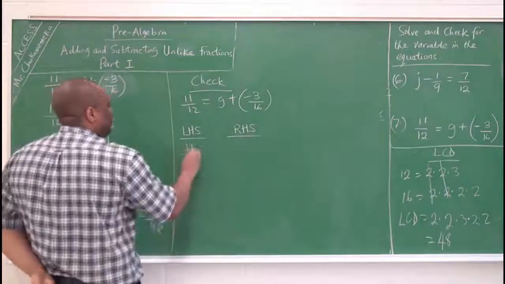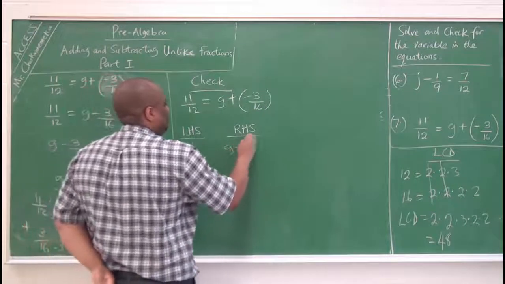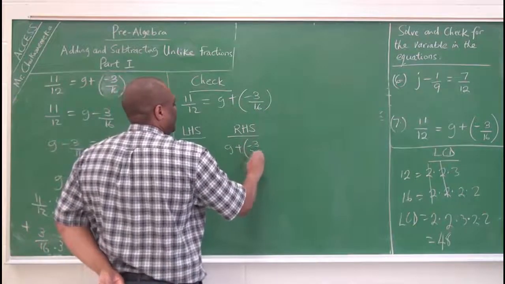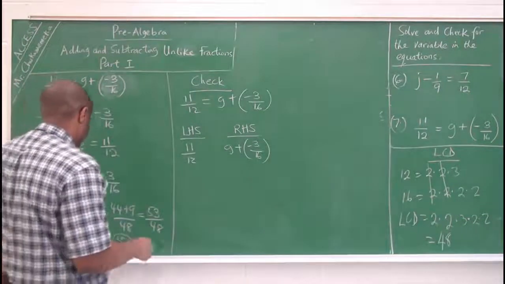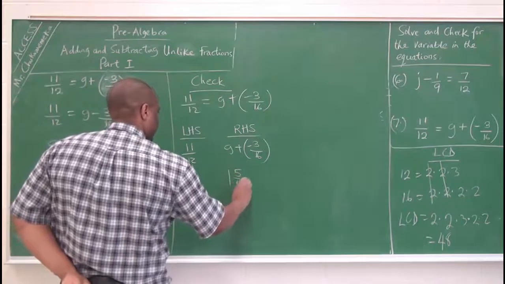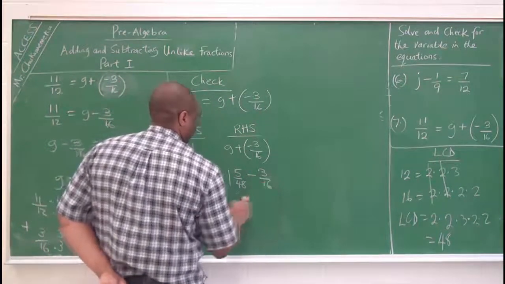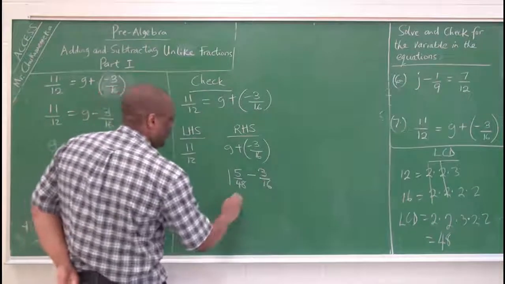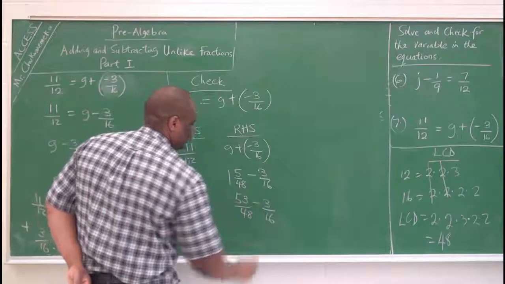Our left-hand side is 11 out of 12. Our right-hand side is G plus negative 3 over 16. So our G is what? 5 over 48. Then minus 3 over 16. And this gives us what? 53 out of 48 minus 3 out of 16.